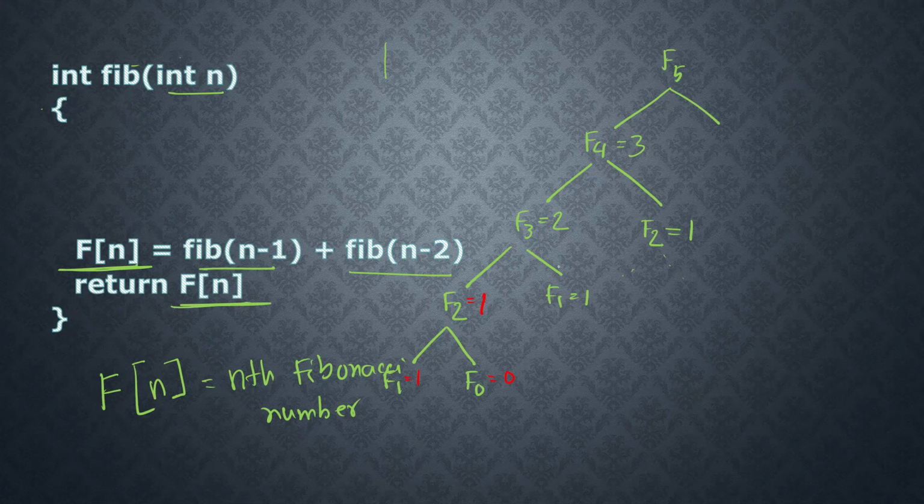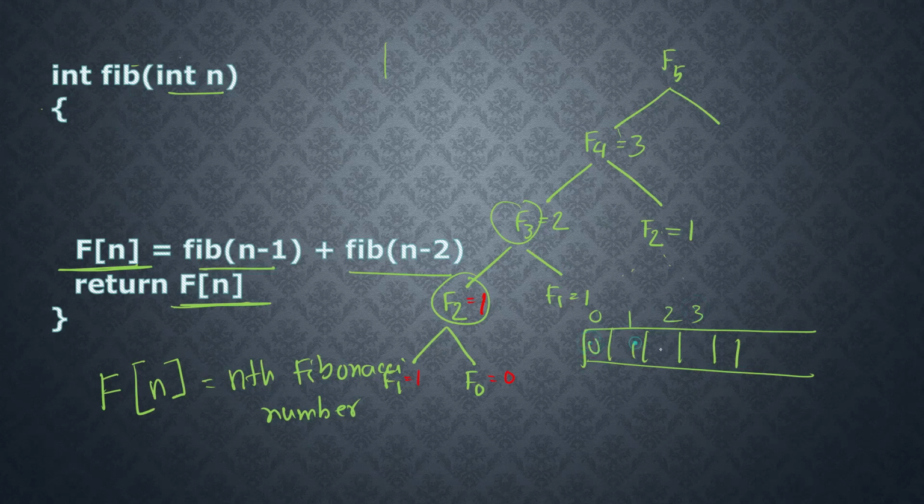So you see what happens here. Whenever f3 or f2 is calculated, it is getting stored in the array that we used. And later on, whenever someone asks for f3, it will actually check in this array and return this value because it's already determined.